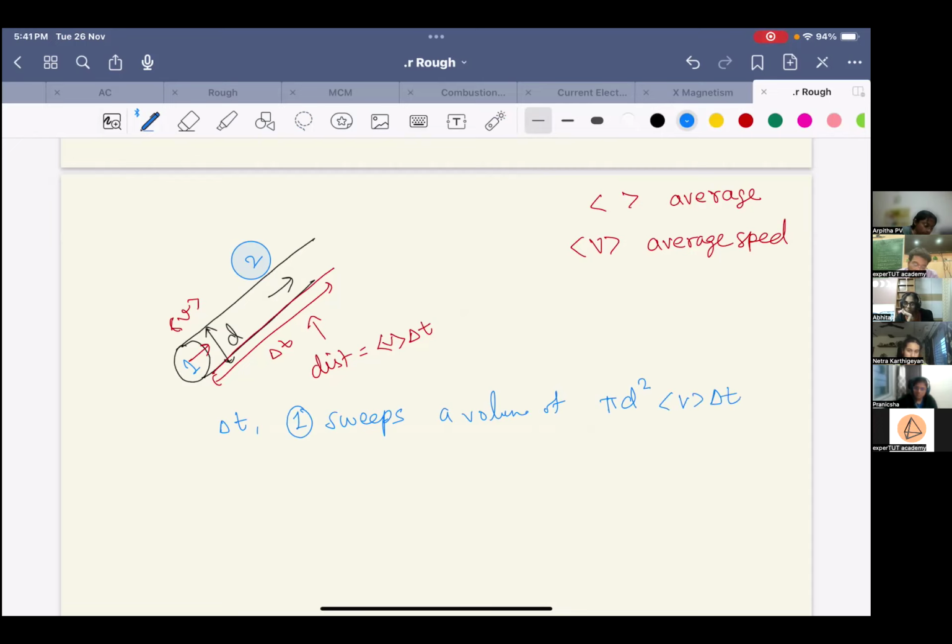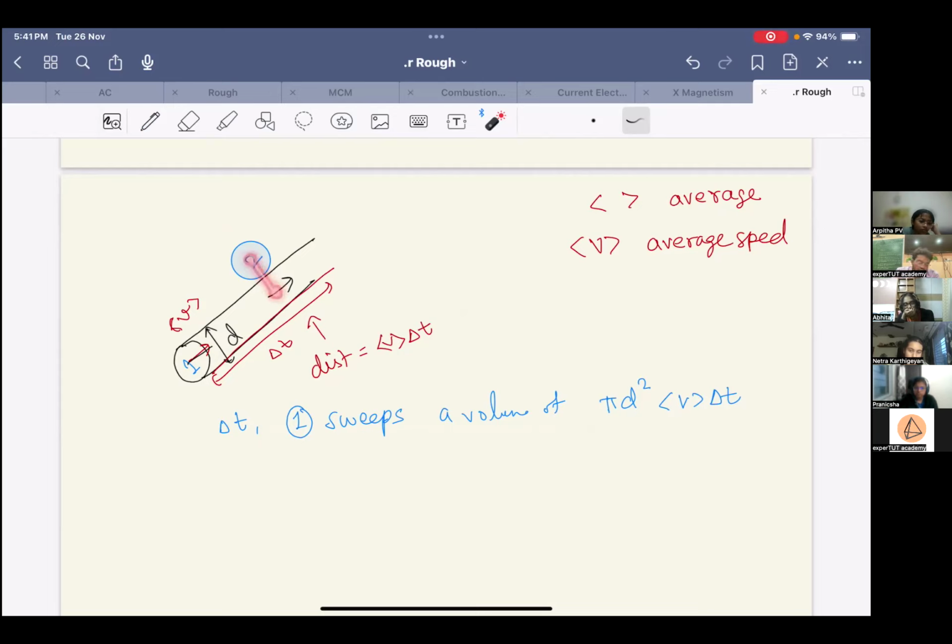Now why is this? See, the radius has not been taken, the radius is not taken, d is taken. Why? See, if it is free path, it means 2 is not coming and touching the 1. Therefore the distance of 2, this distance, should be the diameter of the molecule.